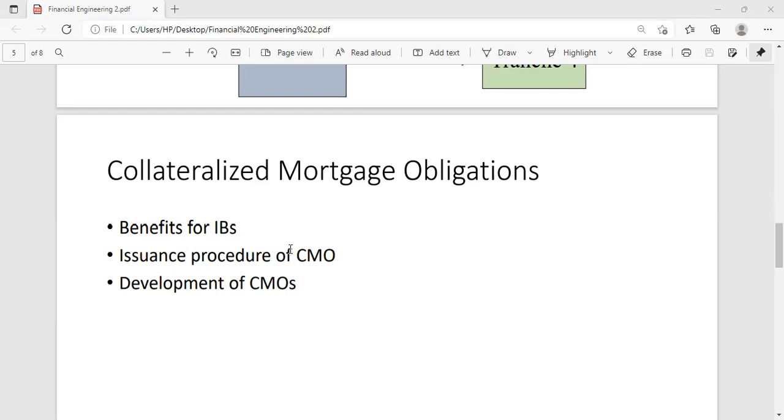So to summarize point 3, developments of CMOs, here I discussed two ways particularly. In one way, the investment banks can take the whole MBS and create their own CMO. In the second way, the mortgage originators, or mortgagees, can generate or pool the mortgages and use that pool of mortgages to generate their own CMO.